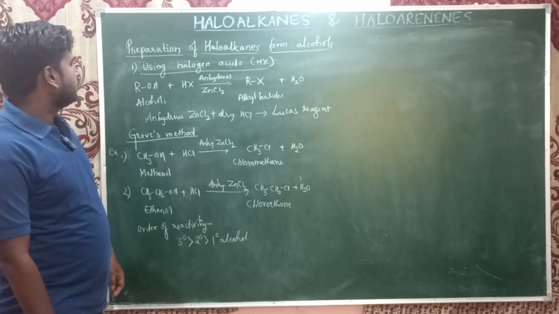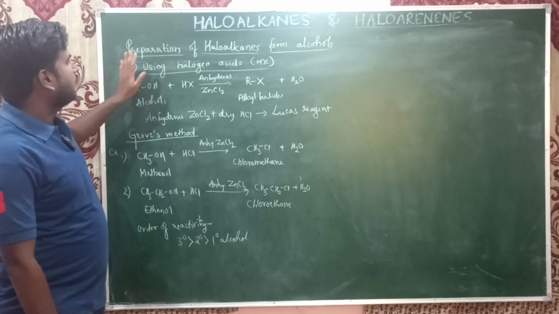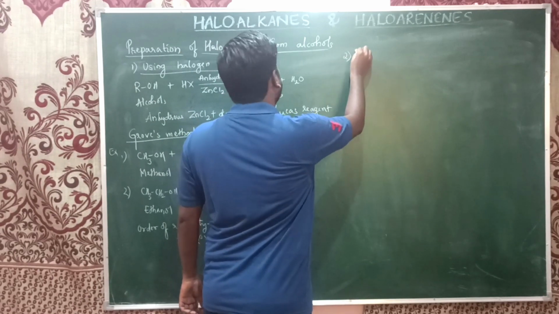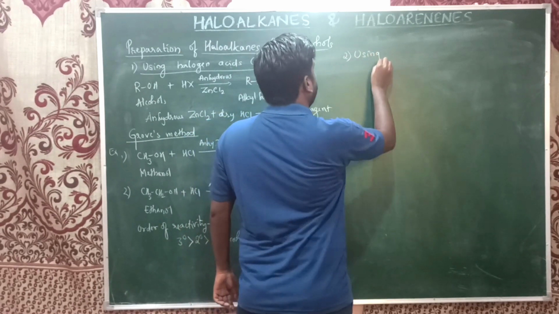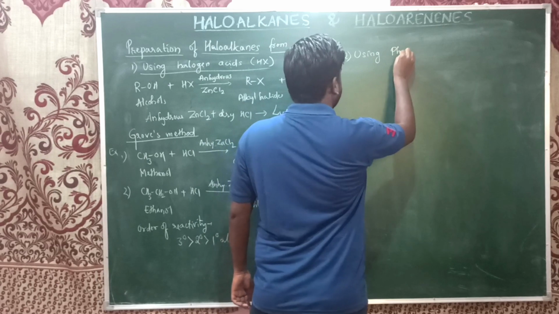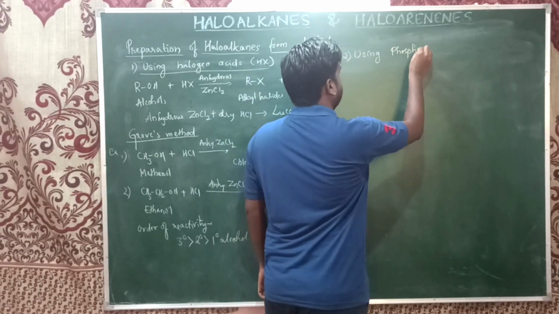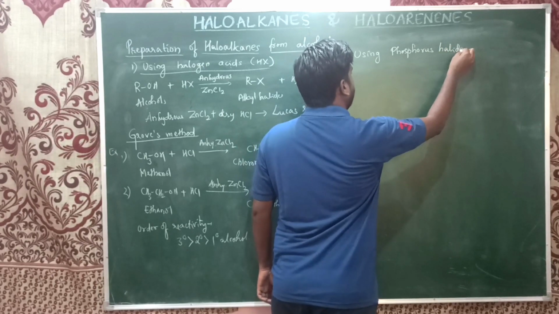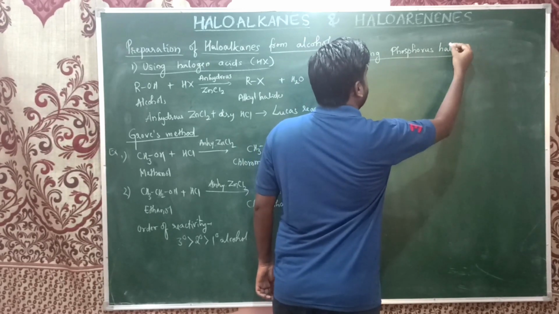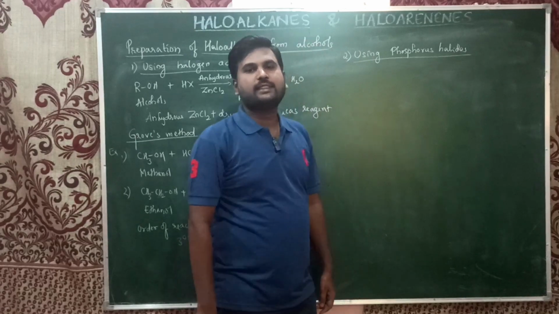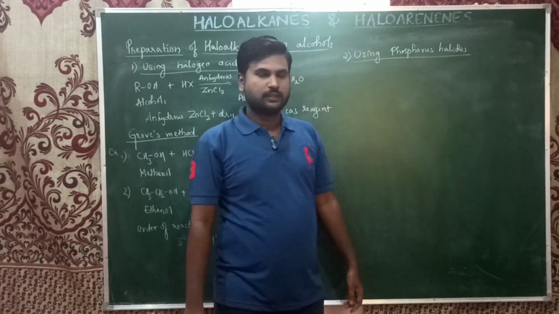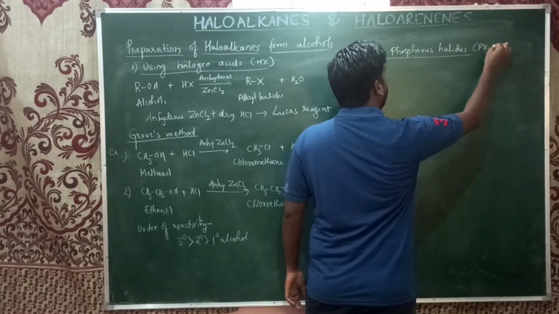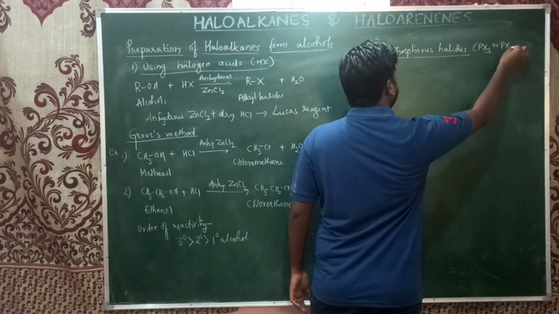The second one is the preparation of haloalkanes from alcohols using phosphorus halides. Usually phosphorus trihalides and phosphorus pentahalides are used, so I write PX3 or PX5.